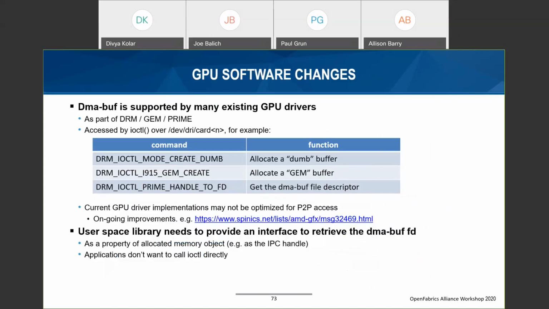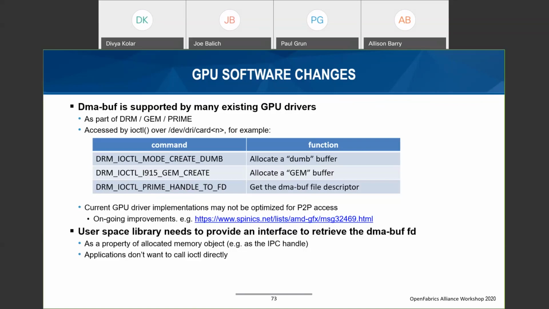They are accessed by the I/O control method through a special device. But currently, the GPU drivers, together with the DMA-Buf implementations, may not be optimized for peer-to-peer access yet. So there are some improvements ongoing on that side.